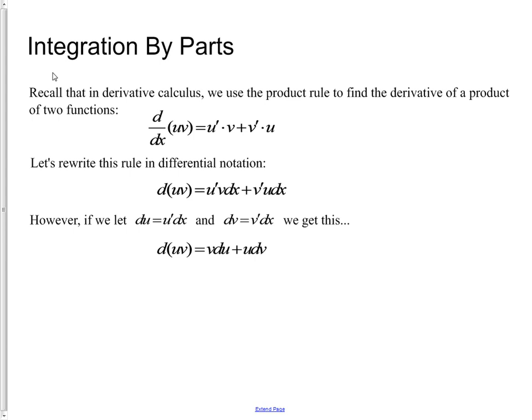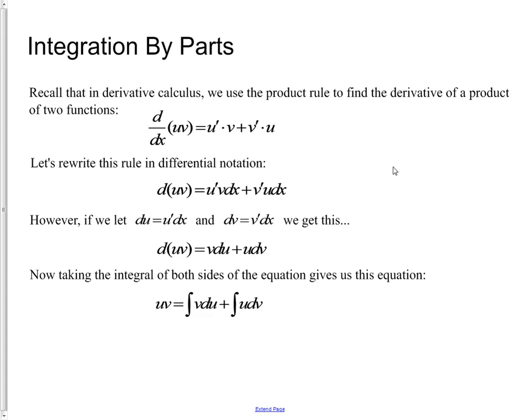Now, it was from this kind of rule that we developed our integral. That is, we would integrate both sides and we would get an integral rule. So here's what it looks like.